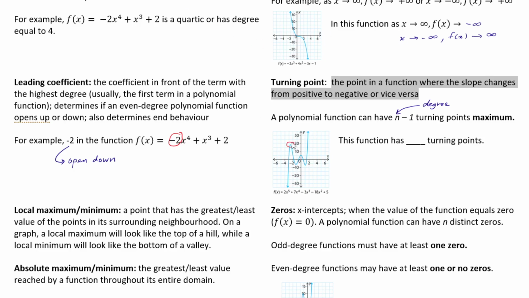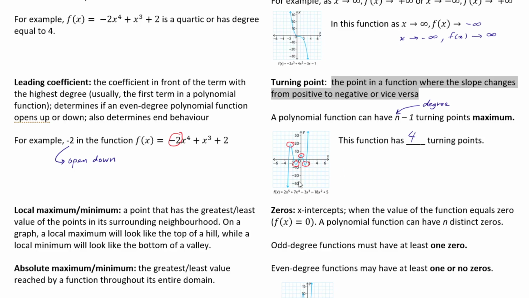We've got a turning point here, a turning point here, a turning point there, and a turning point there, right? At the first turning point, our graph goes from a positive slope to a negative slope, then at our next turning point, our graph goes from a negative slope to a positive slope, and so on and so forth. So in this case, how many turning points does the function have? Well, we've got 4 turning points, right?